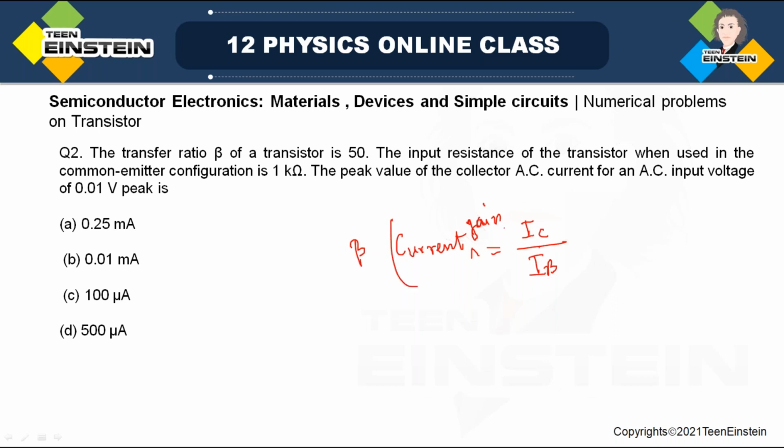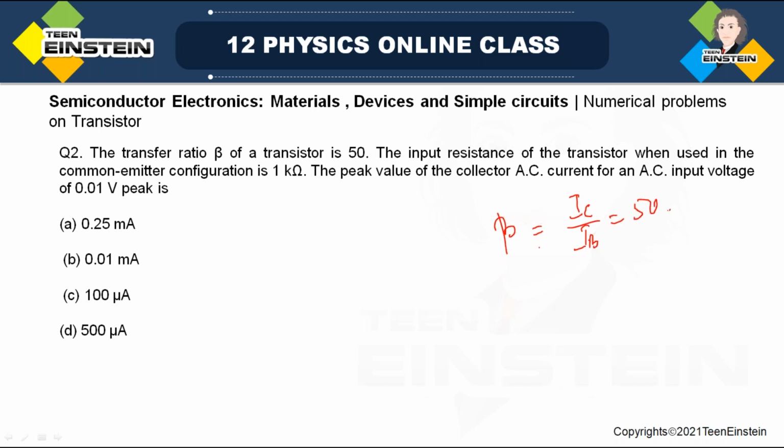So beta is current gain, which is IC by IB. This is what is given as 50. Now let us read the rest of the problem. The input resistance of the transistor when used in common emitter is 1 kilo ohm. So input resistance also is given.